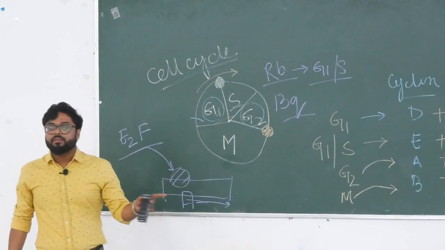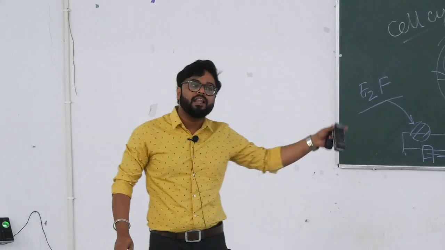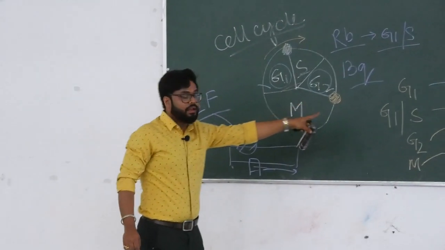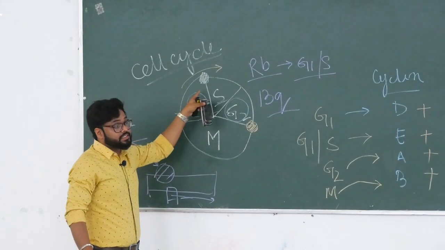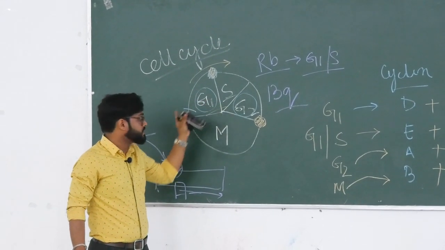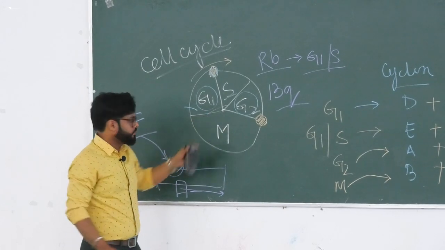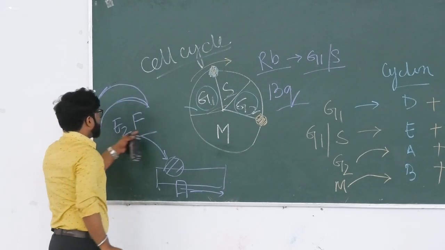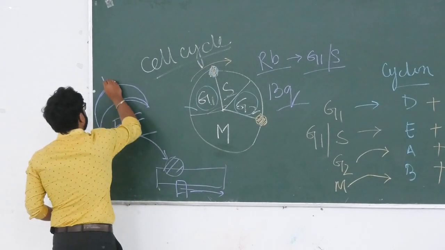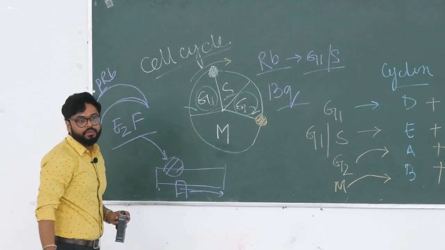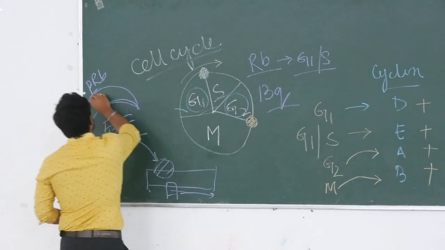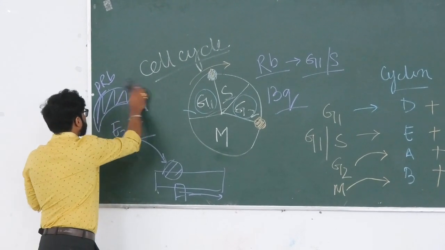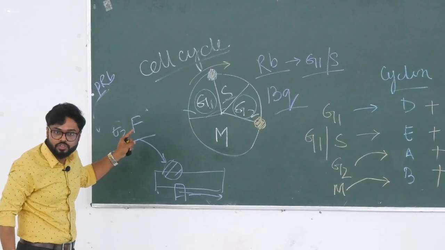So when the protein is getting synthesized, the cell may go from G1 to S. If not, the cell is arrested in G1 to S. When it is active, it should be free. There should not be any binding with the protein.